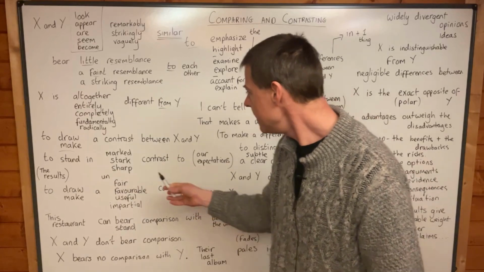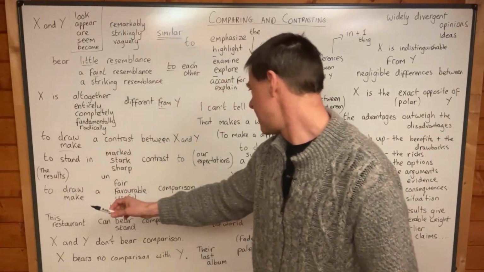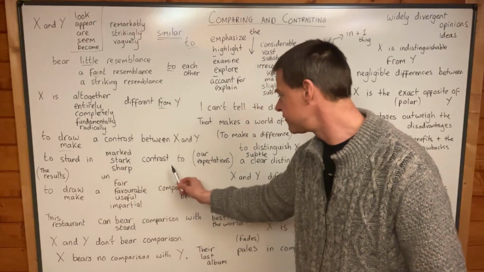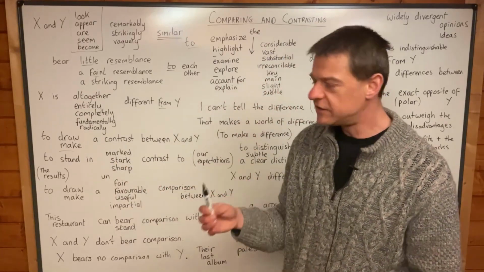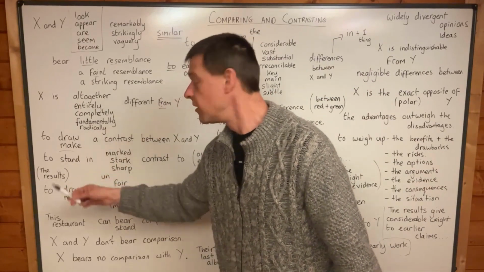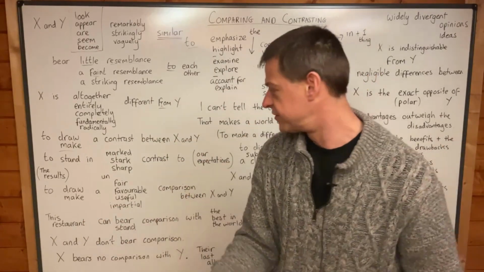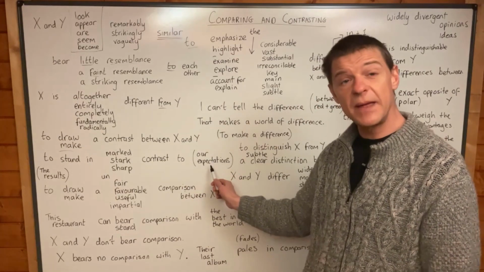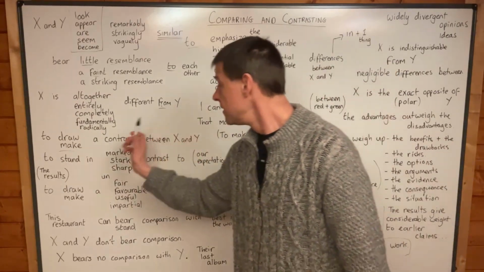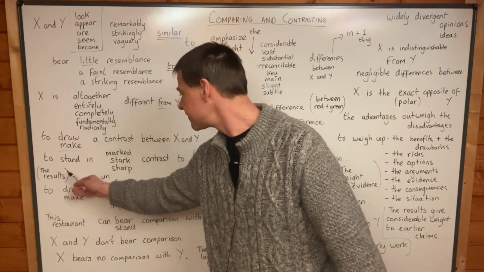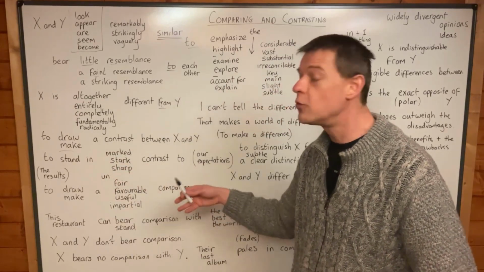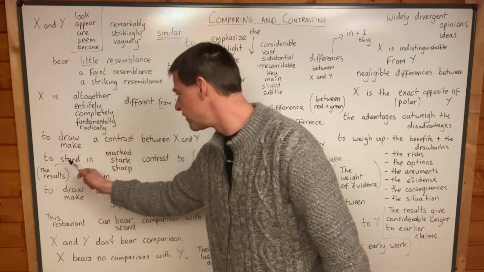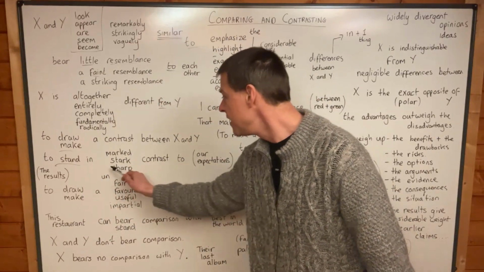You can say that X stands in marked contrast to Y. For example, the results of this poll, of this survey, stand in marked contrast to our expectations. And so what actually happened stands in marked contrast to what we expected to happen. And so you can certainly use this verb, stand in marked contrast.